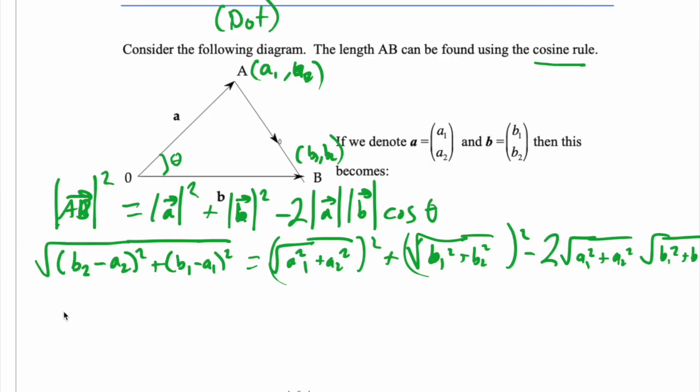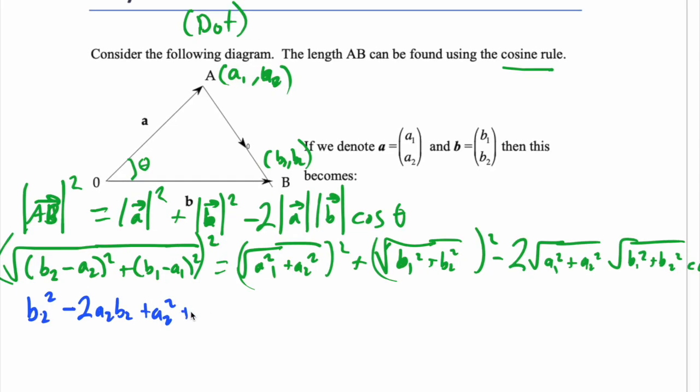Okay, and we'll simplify over here. I forgot the square right here. So the square root is canceled effectively, and we've got just b2 squared minus 2a2b2 plus a2 squared, and over here we're going to get b1 squared minus 2a1b1 plus a1 squared.